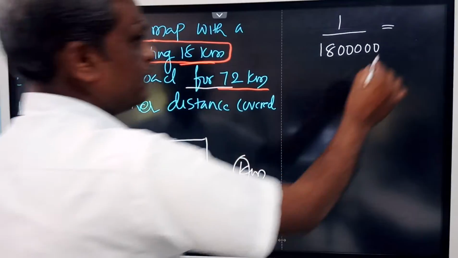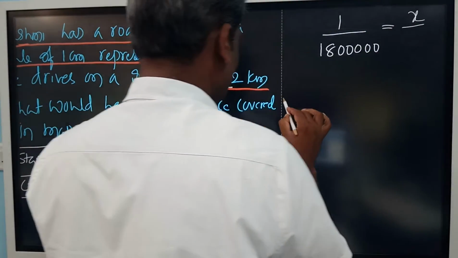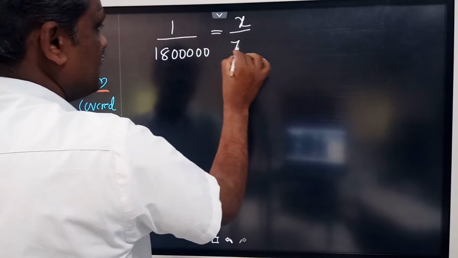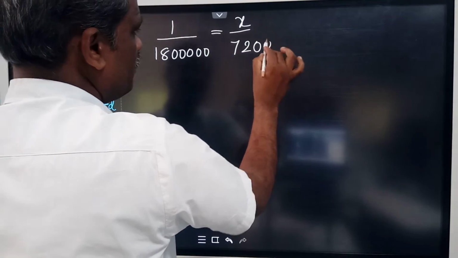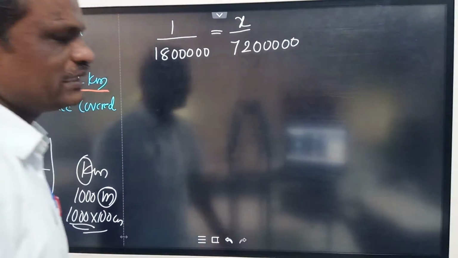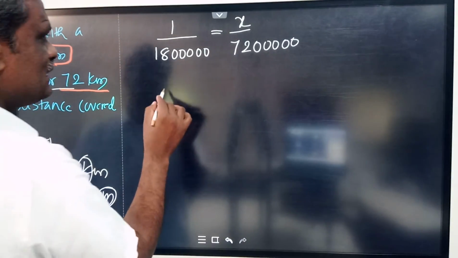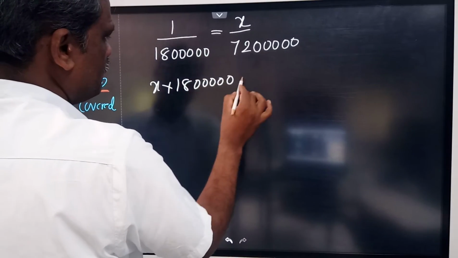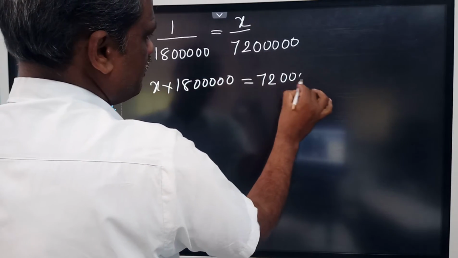is equal to x divided by 72 kilometer. Again convert this into centimeter. 72 followed by 5 zeros. So it is in centimeter. Now simplify this. X into 18 is equal to 72 followed by 5 zeros.